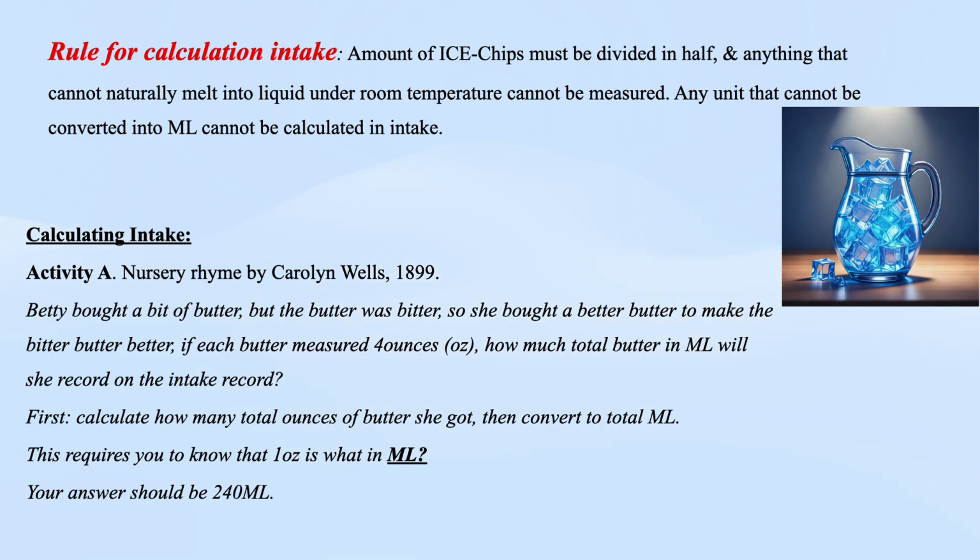So the rule when it comes to factoring ice chips is, for example, if you are told the patient consumed 500 ml of ice, take half of that measurement into your intake calculation. You don't take the full 500 because once the cubes melt, it's going to be half of what was given.